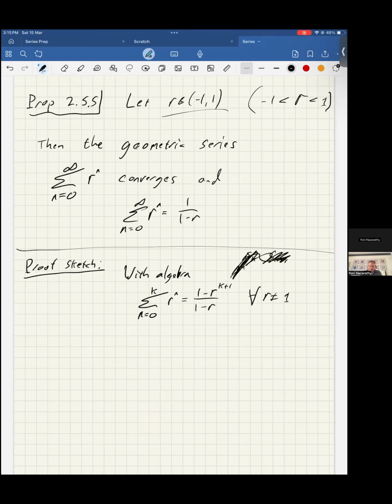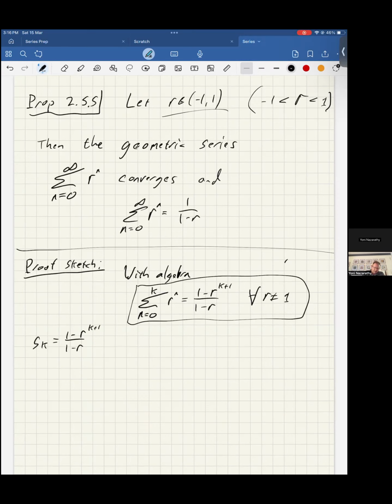It's a fun thing to do when you're waiting at the bus stop and you have something to write on. So in this case, we just have that the partial sums s_k actually have an explicit algebraic expression. We're not often so lucky to have that. And here it is.